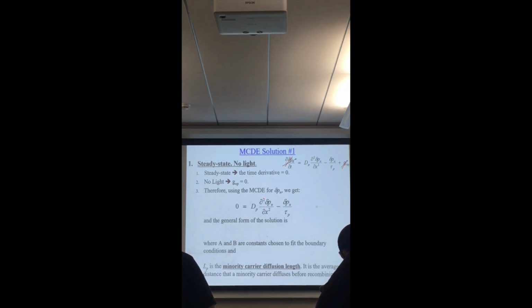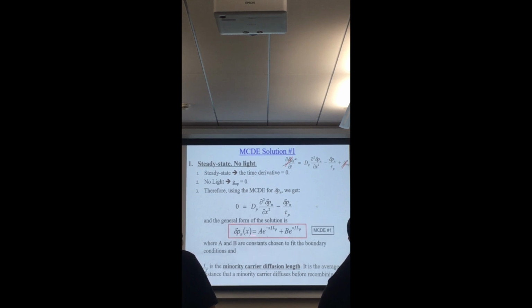This is the term related to diffusion, and this is related to the recombination. For this equation, this is what we want to solve: delta p sub n. And this is a second order differential equation, and we can solve this easily.